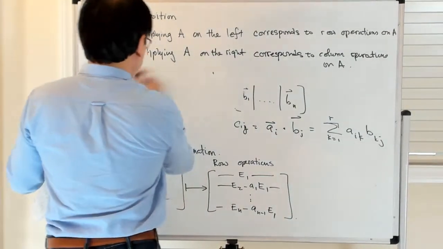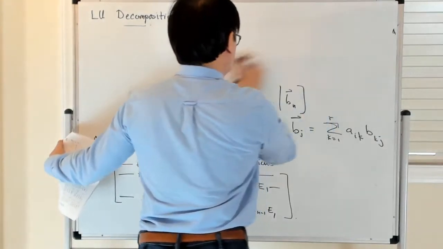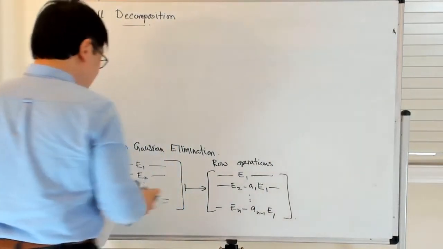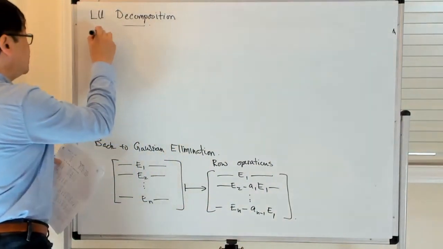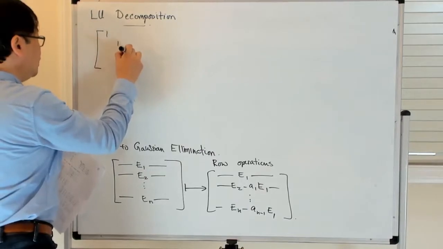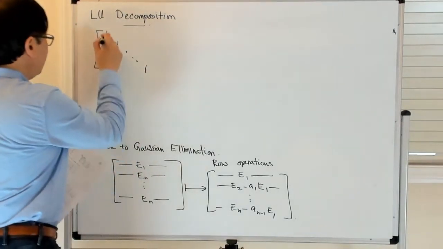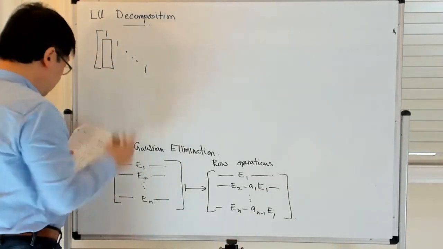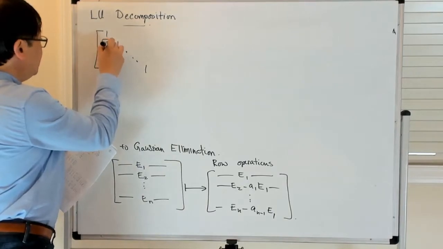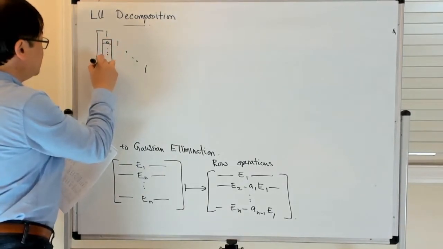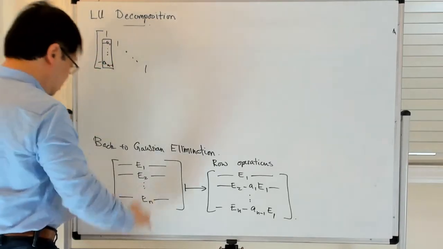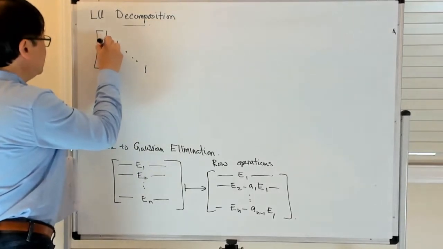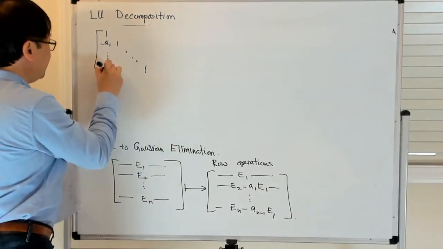You can check that if that's what you want to do to the matrix A in terms of elementary row operations, you can multiply the matrix A on the left by the following matrix. You have ones along the diagonal, and then in the column below the diagonal, you put minus a1 all the way up to minus a_(n-1).